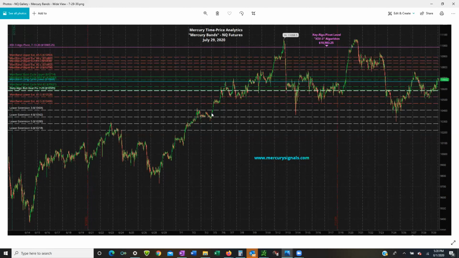But if you look at this chart, you're thinking, man, would someone just take a ruler and put these on here? Every line on here is a mathematical time price formula that we run, and we just take the number that it gives us and put it on the chart. And then after I put them on the chart and you zoom out and look at this, you and I could not put levels on these charts any better.